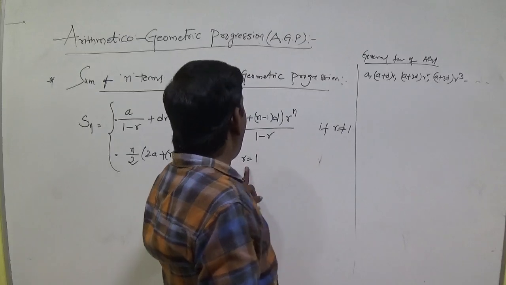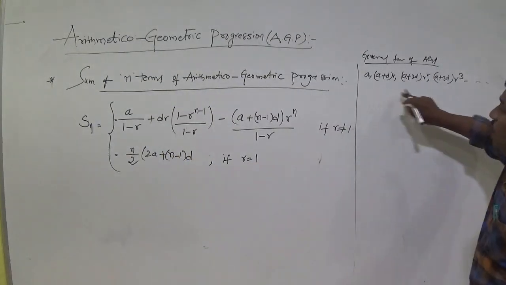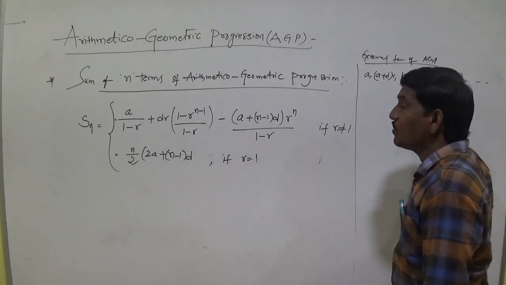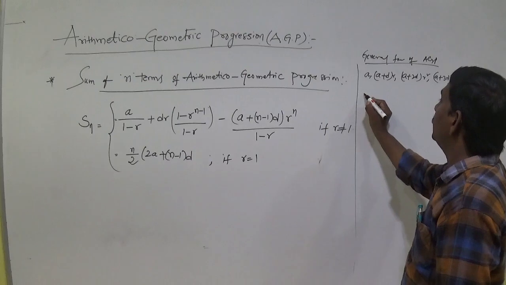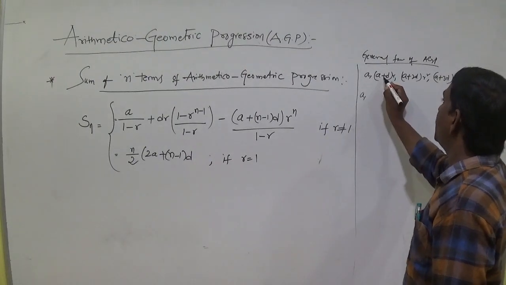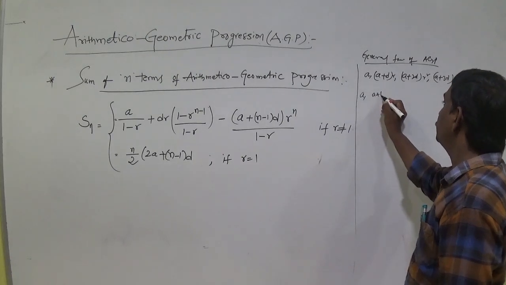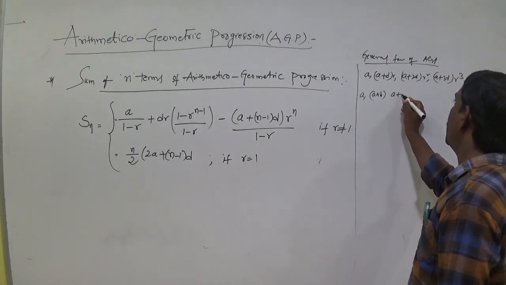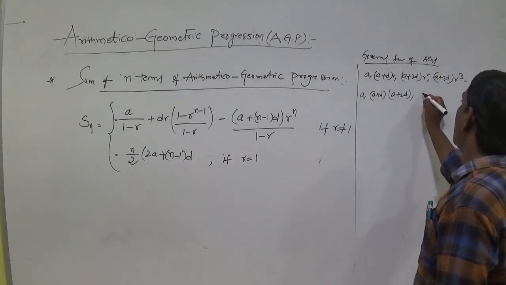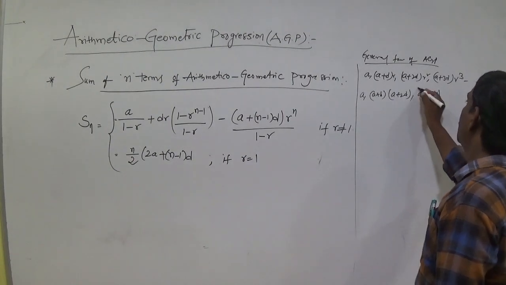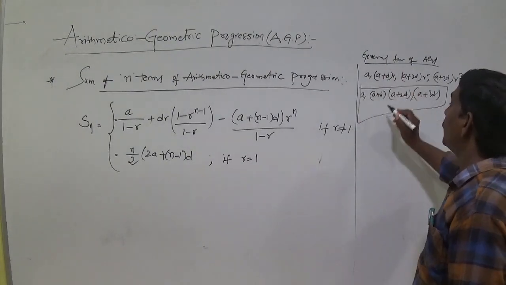So here, if r equal to 1, in this form we have to substitute r equal to 1. Then (a plus d) into r is a plus d into 1, a plus d; this is a plus 2d, that means r square means 1 square, so a plus 3d.